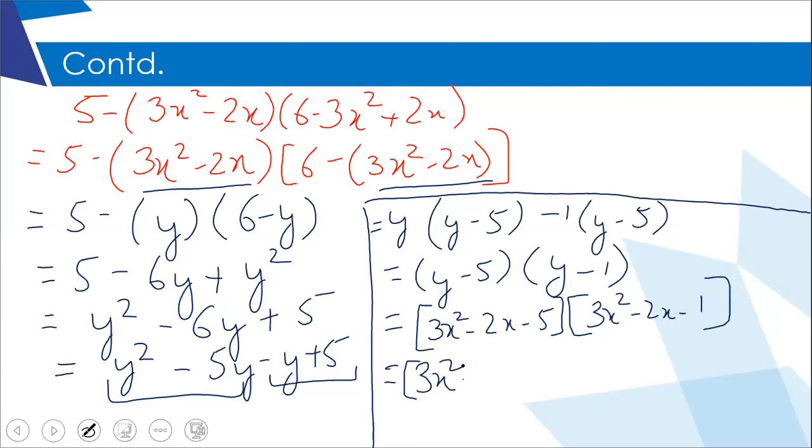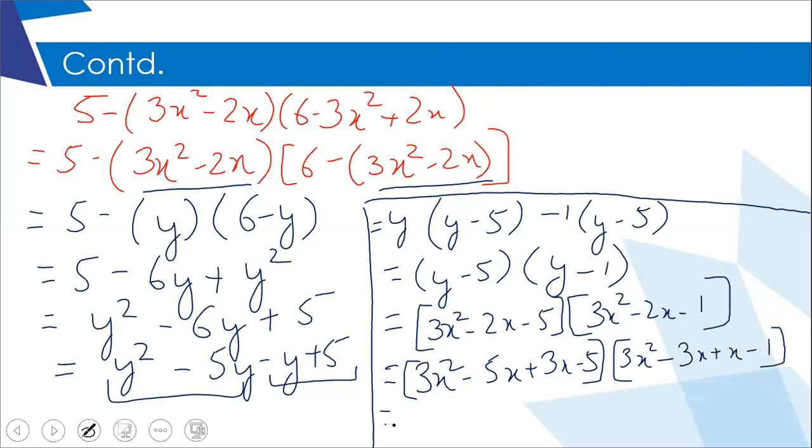I will split as minus 5x plus 3x minus 5 is the split of the first bracket. Second bracket, I want minus 3x square as my multiplication. So 3x square plus 2, minus 3x plus x minus 1.